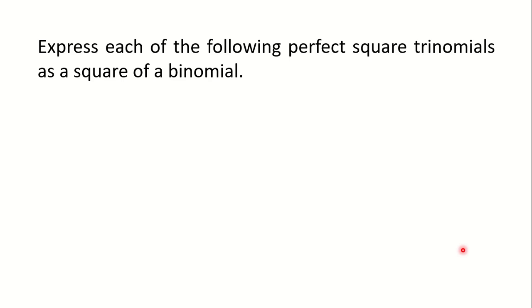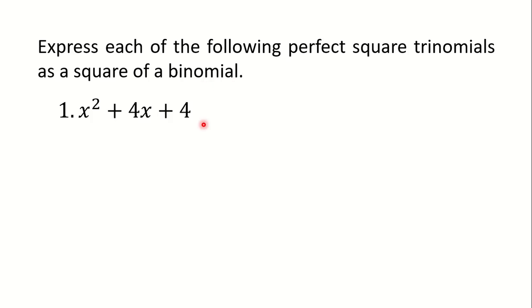Express each of the following perfect square trinomials as a square of binomial. First, x squared plus 4x plus 4. So, itong mga given na to ay perfect square trinomials na. Ang gagawin na lang natin, gagawin nating square of a binomial.